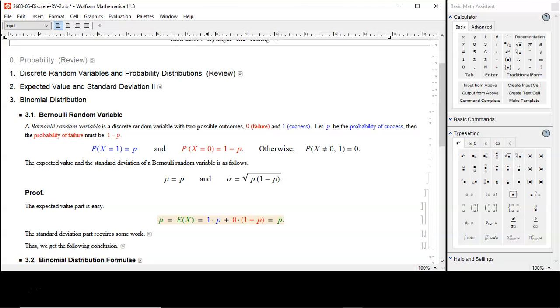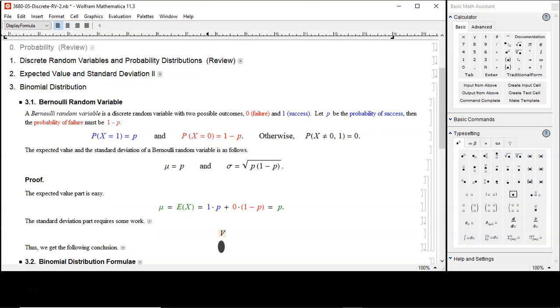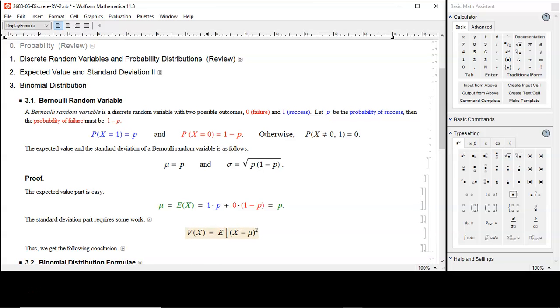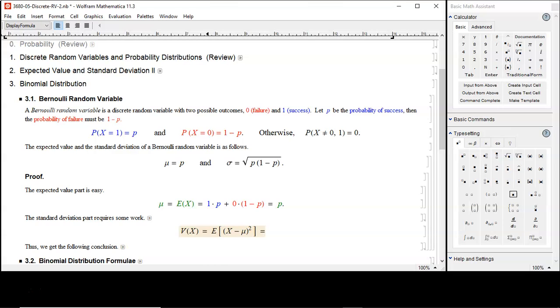All right, how about the standard deviation? For that, let's find out the variance. And the variance by definition is this, the expected value of x minus mu squared. So it's the same computation as before in terms of the probabilities, p versus 1 minus p.